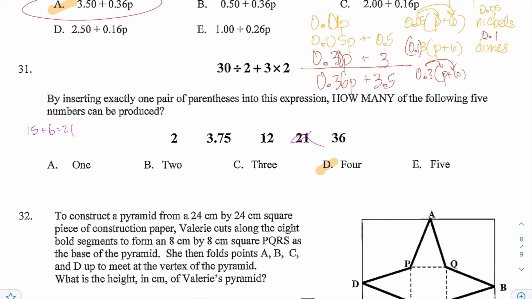So you erase that pair, then you put parentheses somewhere else. If you put parentheses around those 3 numbers, you have to do 30 divided by 2, which is 15. Then add 3, that will become 18 times 2. That's going to be 36. So I made 36, you can cross that out. You can also cross out choice 1, choice A.